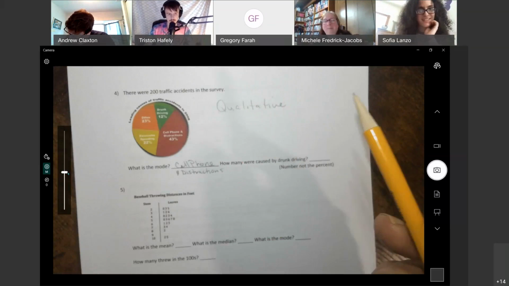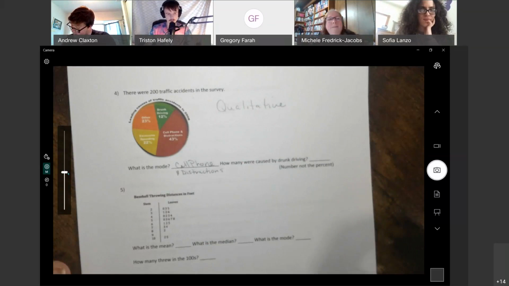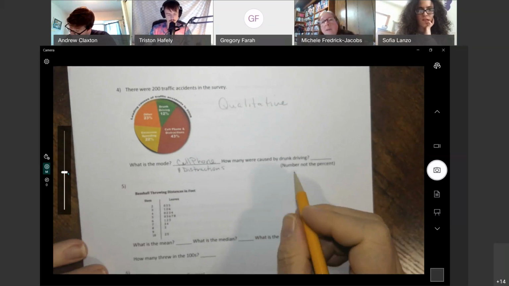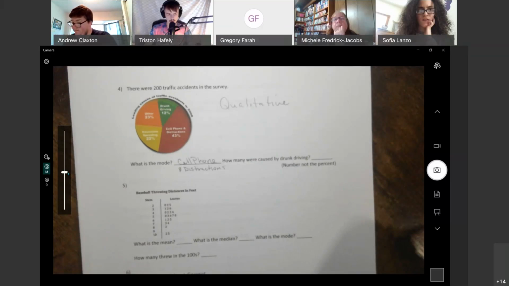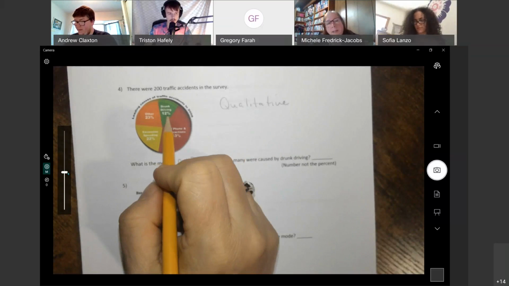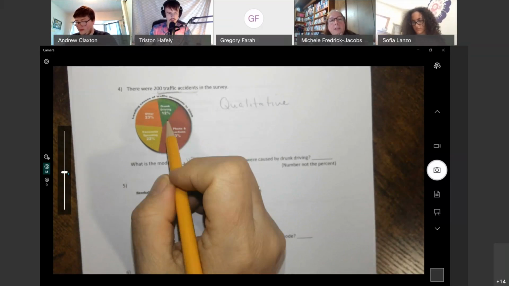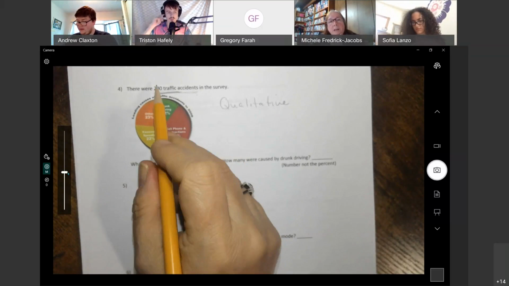How many were caused by drunk driving? The number, not the percent. Okay, so 12% of 200. Exactly. So drunk driving was 12%. We were told how many there were. There were 200 accidents. So it'd be 12% of 200.